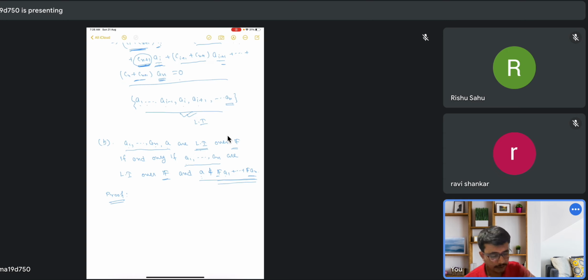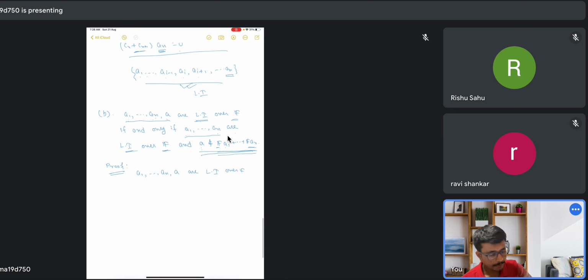First assume that A1 up to An and A are linearly independent over F. You have to prove that A1 up to An are linearly independent over F and A does not belong to this one. So first we have proved, I am telling one thing.